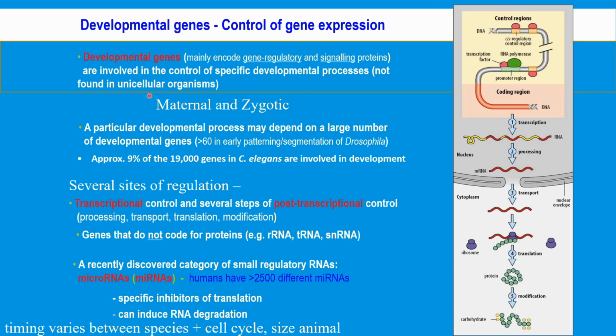So the animal itself, its own transcription kicks in of zygotic developmental genes. And these developmental genes mainly encode for gene regulatory and signaling proteins, and they're involved in the control of specific developmental processes, as have been shown by studies with mutants that we'll discuss next.